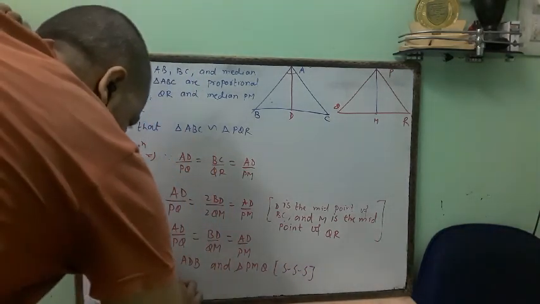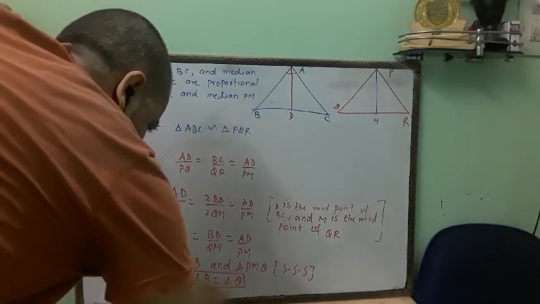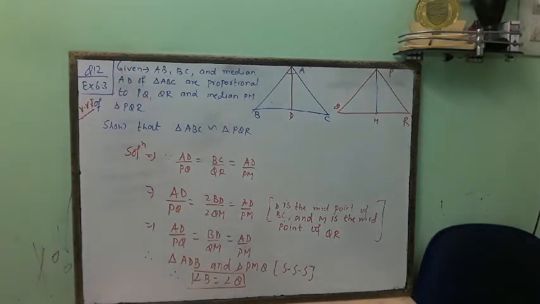Now for this we will get angle B equal to angle Q by similar triangle properties. Now when B is equal to Q, it is easy for us to prove triangle ABC similar to triangle PQR.